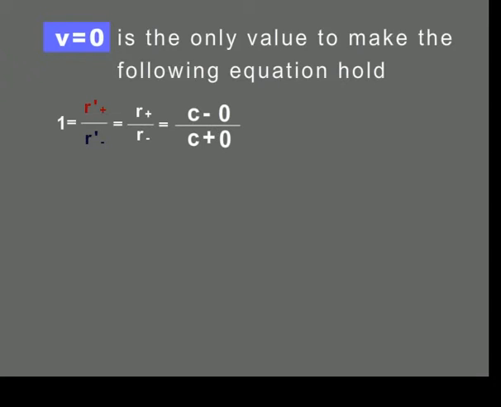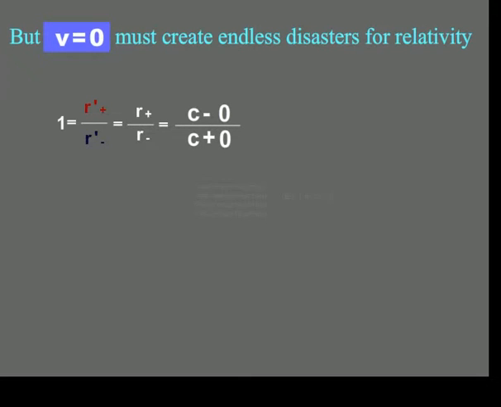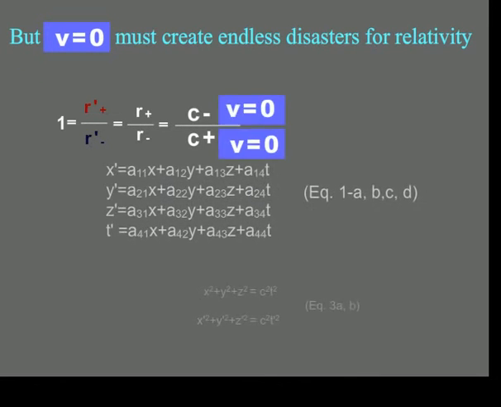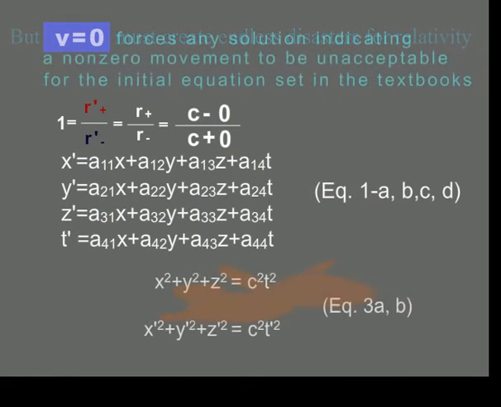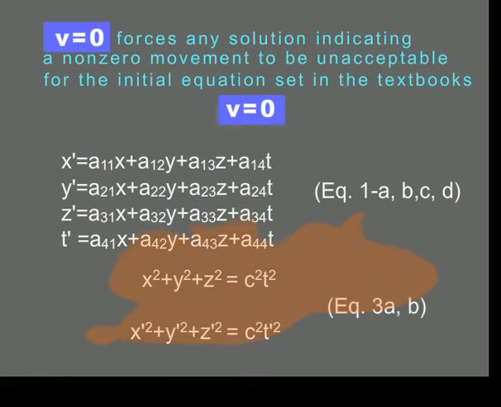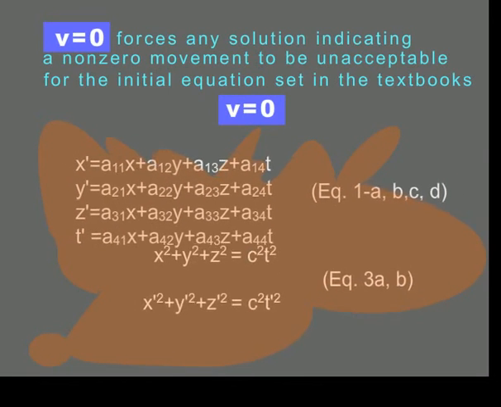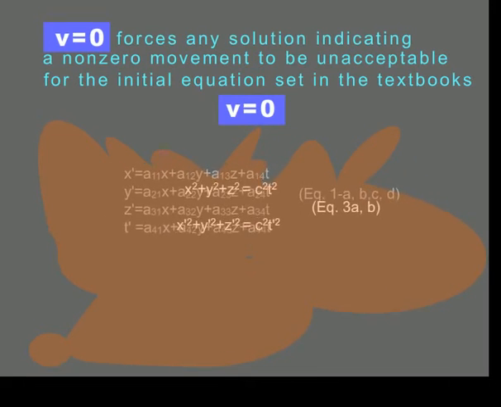Therefore, the introduction of equation set 3a and b just forces an implicit condition for equation set 1a to d to be solved with v equals 0.